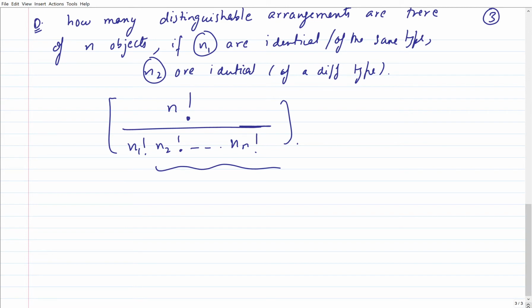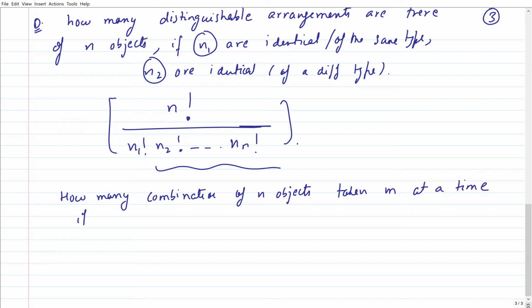The question is the following: how many combinations of n objects taken m at a time are there if we allow repetitions?